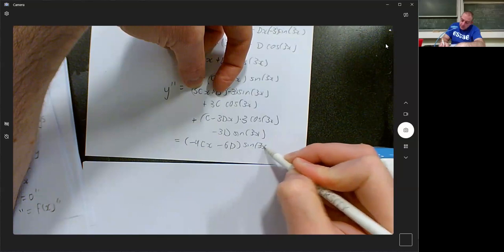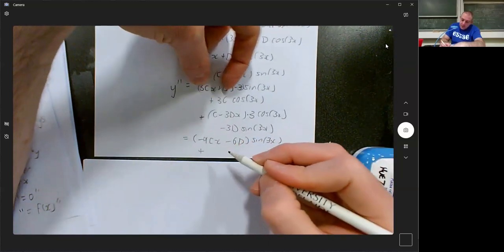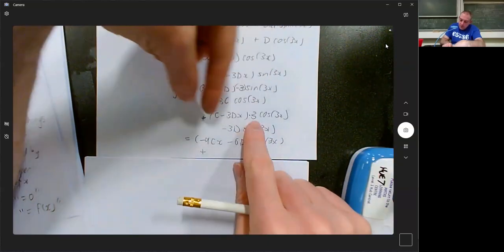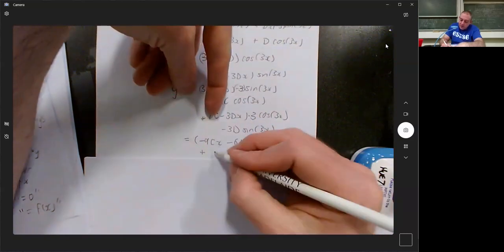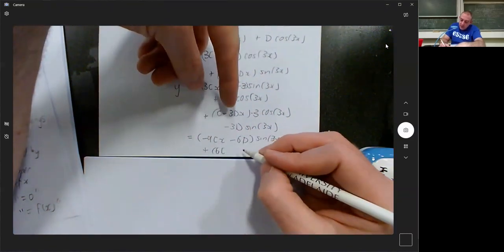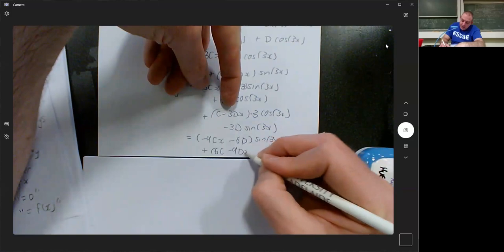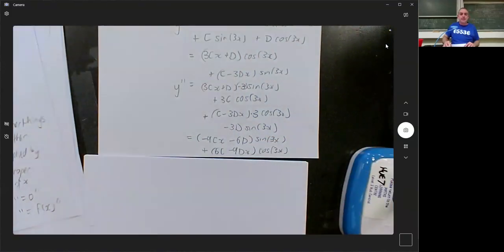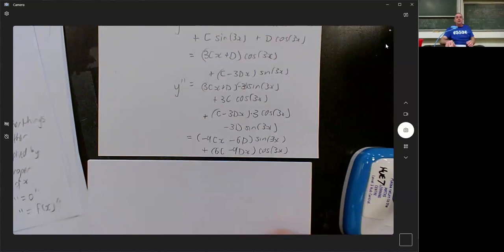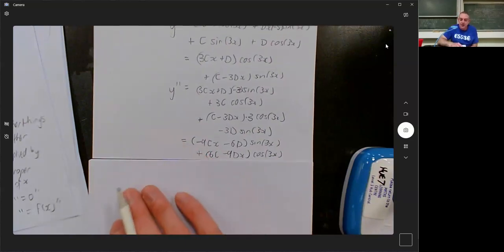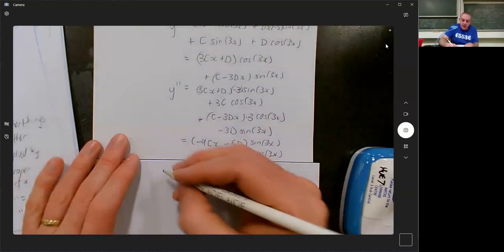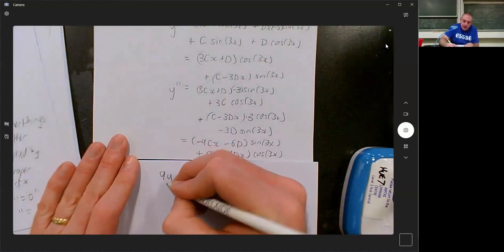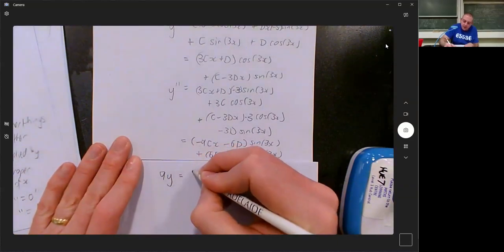And then with the cosines, I've got 3c, and then another 3c, which is 6c minus 9dx cos 3x. Okay, we are doing okay. We're surviving. And we're going to have to add on to that 9 of y, of the original y.